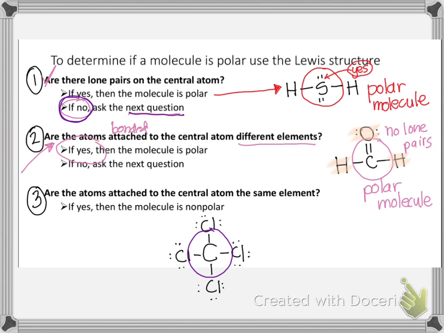So question 2, are the atoms bonded to the central atom different elements? Okay, so we have chlorine, chlorine, chlorine, chlorine. So they are not different from each other. And so if you look at question 3, are the atoms attached to the central atom the same element?